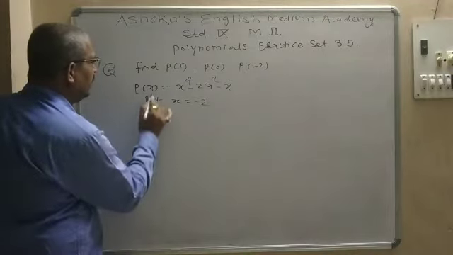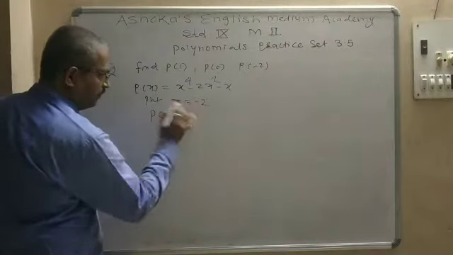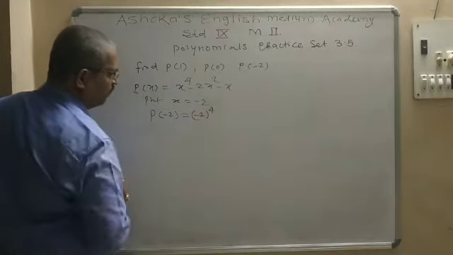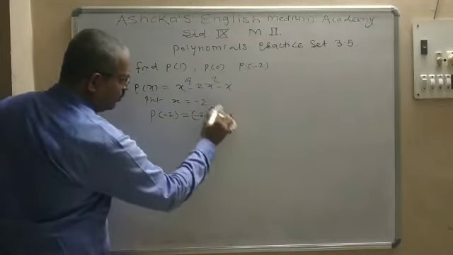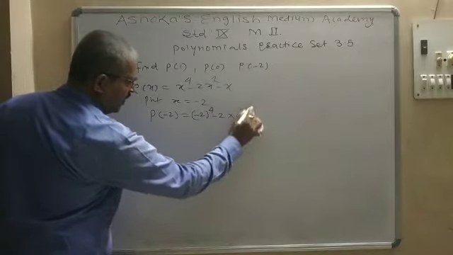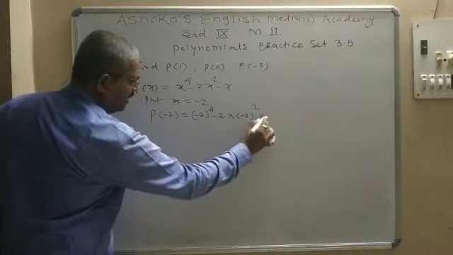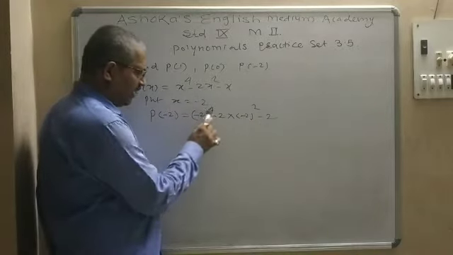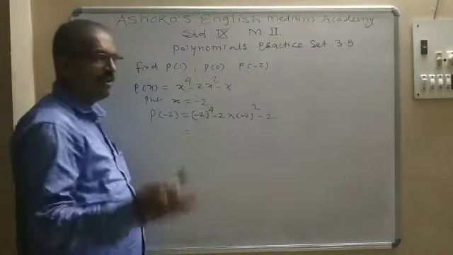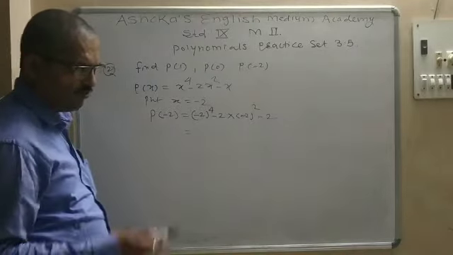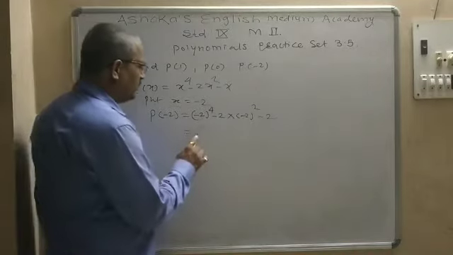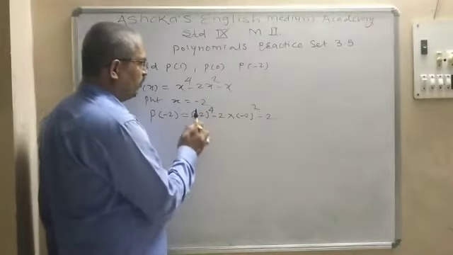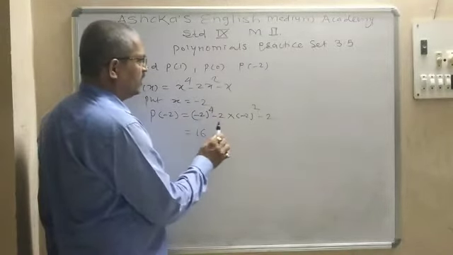Then here p(x) means p(-2) is equal to (-2) raised to 4 minus 2 into (-2) raised to 2 minus 2. Okay. x raised to 4 means (-2) raised to 4, which is 4 times multiplication. 2 2s are 4, 4 2s are 8, 8 2s are 16. The answer will come positive. (-2) raised to 4 means positive 16.